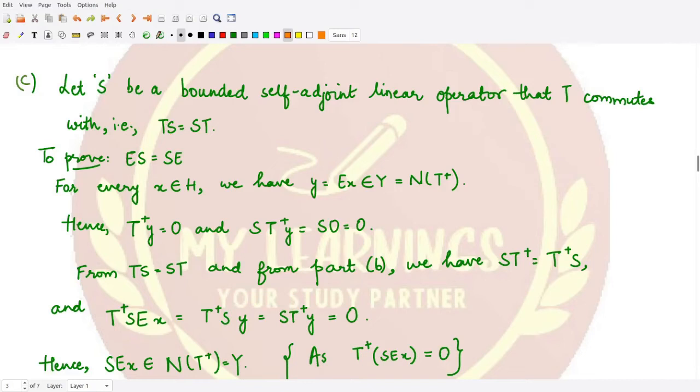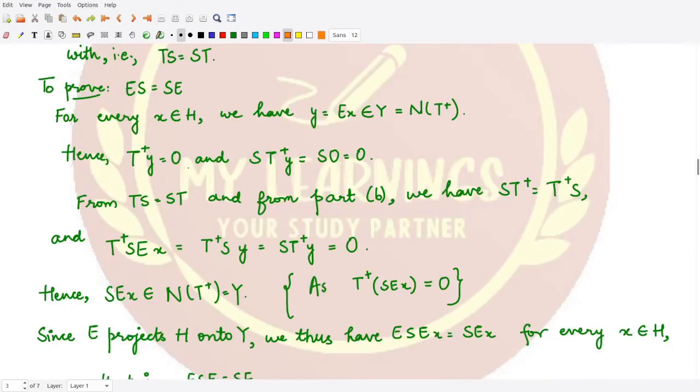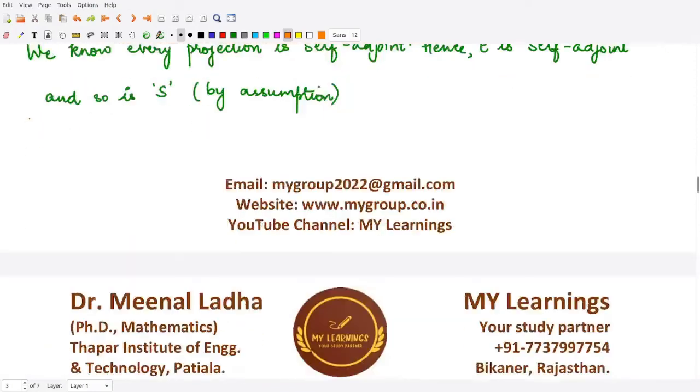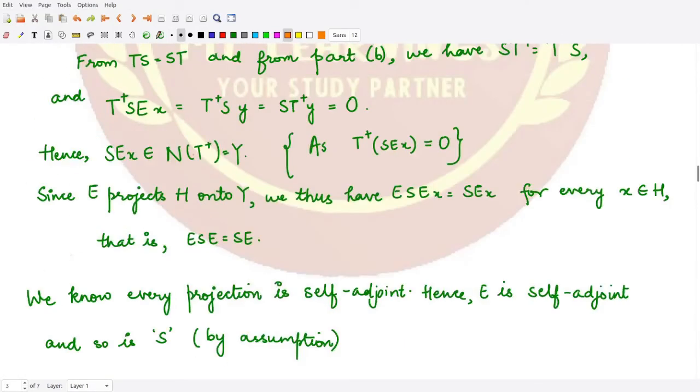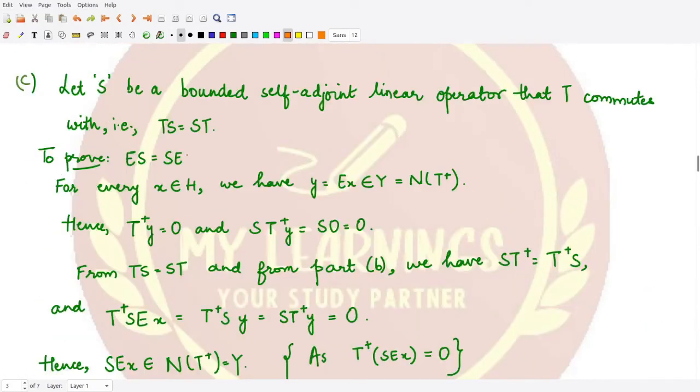So we wanted to prove ES is equal to SE, where what is E? E is the projection of the given Hilbert space onto the null space of T positive, right? So in order to prove ES is equal to SE, we would like to have certain results beforehand before moving on to seeing the commutativity of ES, right? So let's first of all see these things.